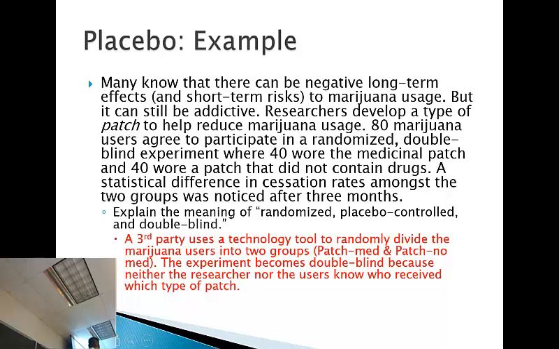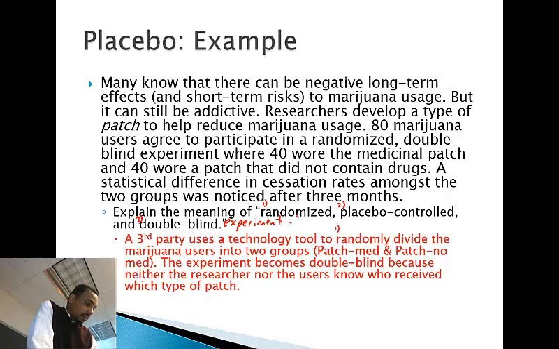We need the word experiment in there also. All right, so randomize. I'll call this 1, I'll call this 2, I'll call this 3. Well, the first thing is I'm going to randomly use some kind of technology to put people in different groups. Placebo control.